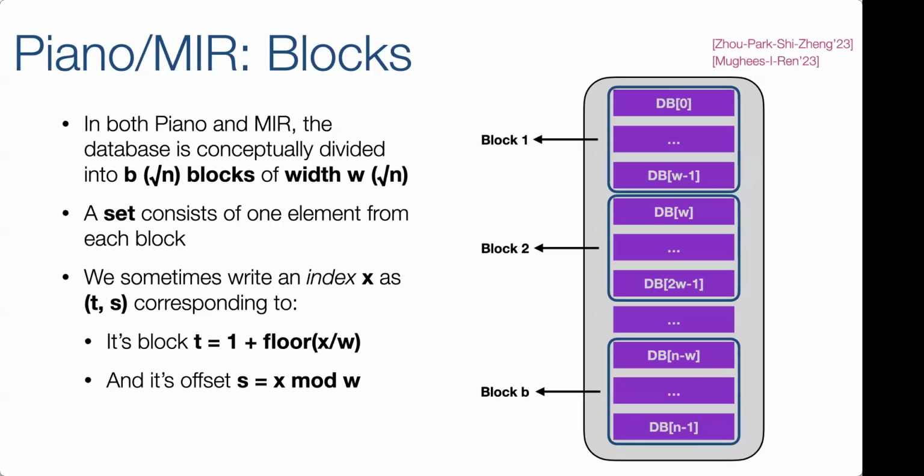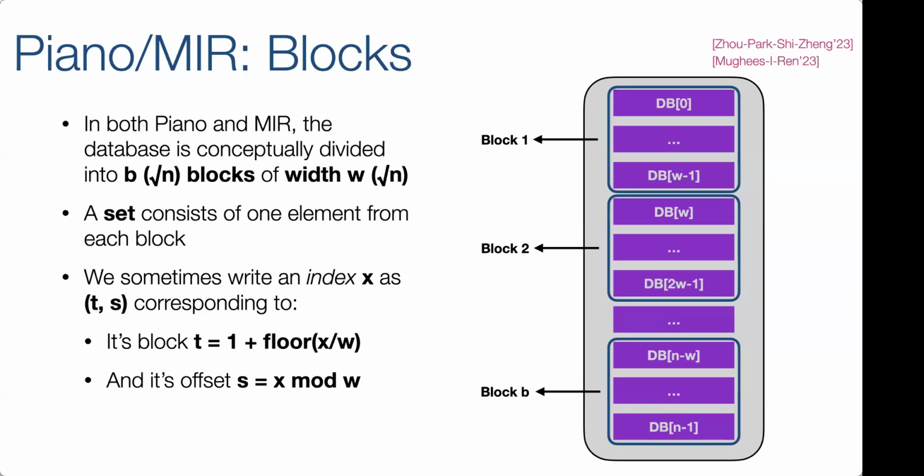So if I say a random set throughout the talk, it means picking an offset for each of B blocks. A set is fully specified by B offsets, each an integer between 0 and W minus 1. If you order those offsets, that tells you the elements of the database that are in the set. Sometimes I'll write an index X as T comma S, just because that's notationally convenient. So it's in block T at offset S.